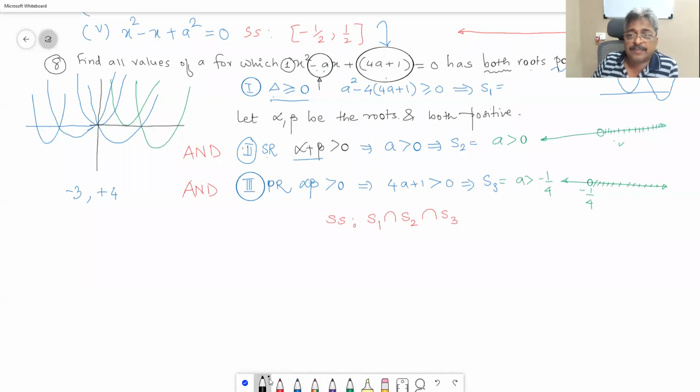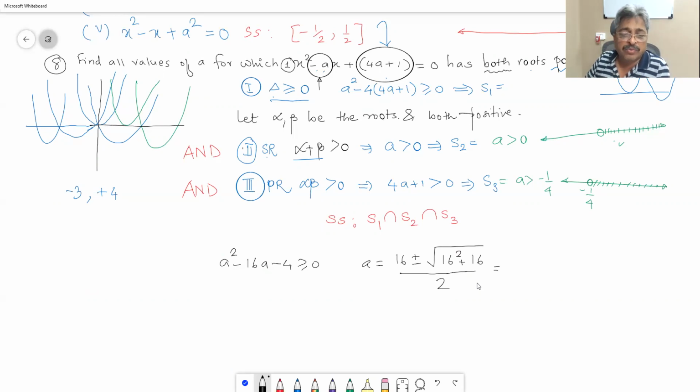S1 is A square minus 16A minus 4 should be greater than or equal to 0. So A is equal to 16 plus or minus under root 16 square plus 16, upon 2.